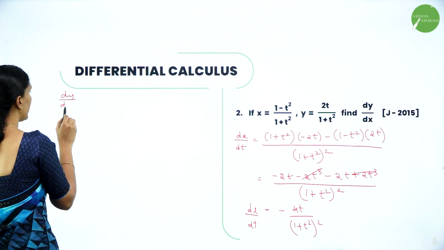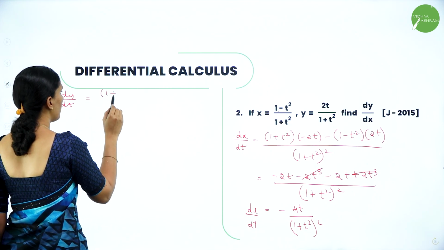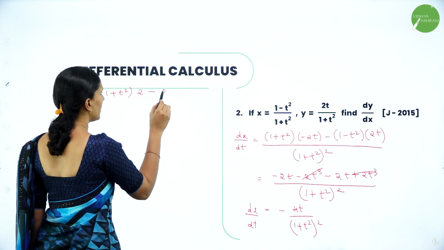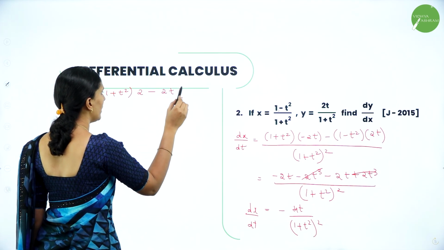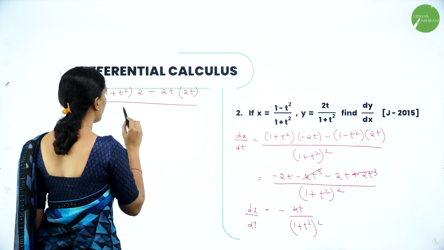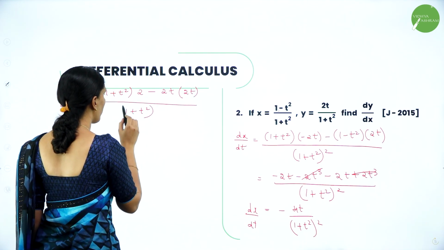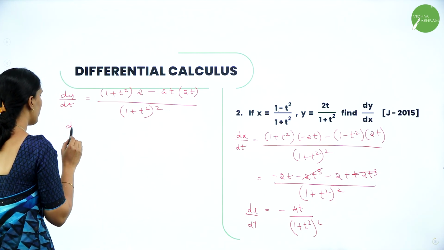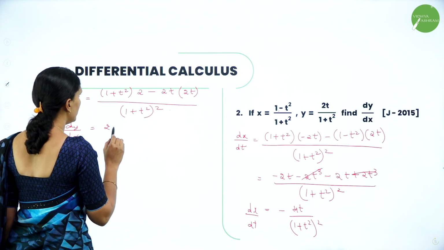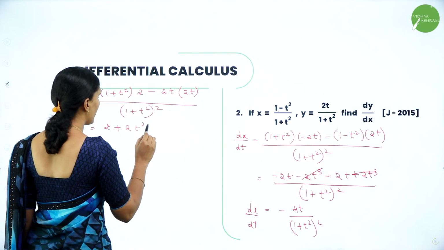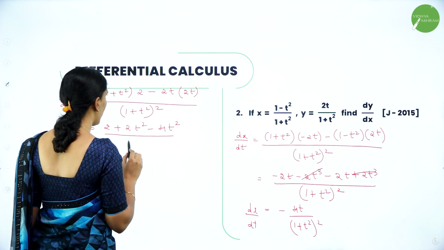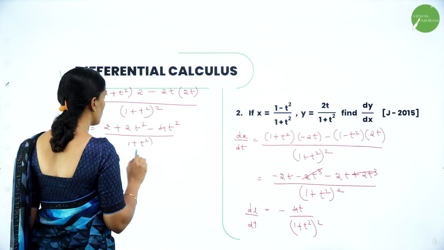So dy by dt, again we have 1 plus t square, derivative of 2t is 2, minus 2t into derivative of 1 plus t square is 2t, whole divided by 1 plus t square whole square. So now dy by dt is 2 plus 2t square minus 4t square whole divided by 1 plus t square whole square.